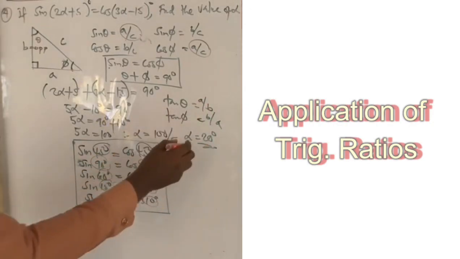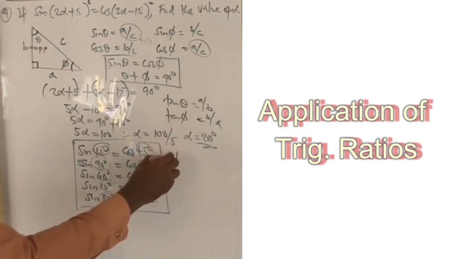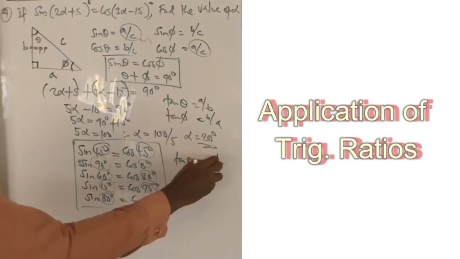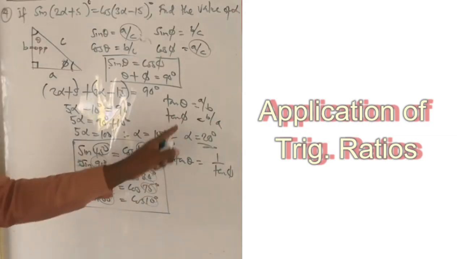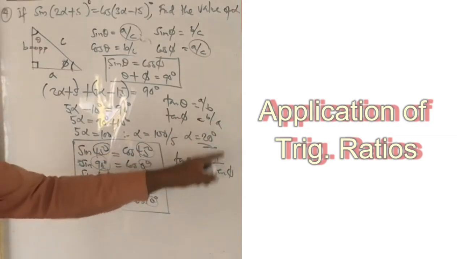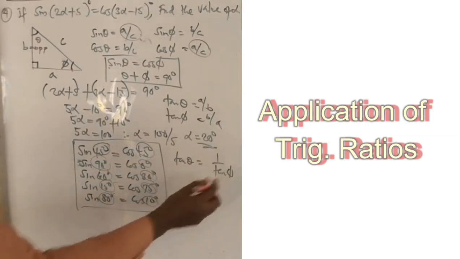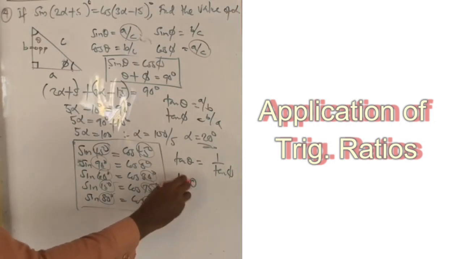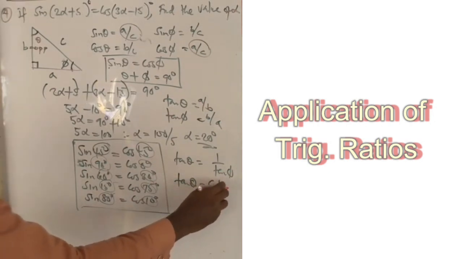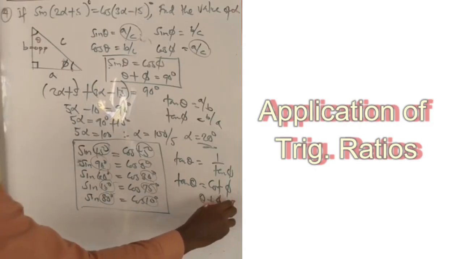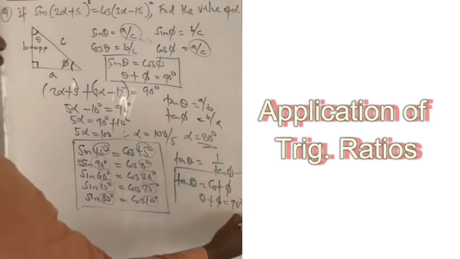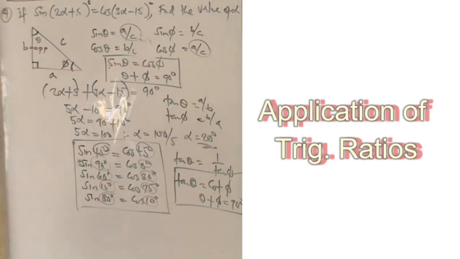So I can say from here, tan theta equals to 1 over tan phi. Yes. But if I do 1 over tan phi here, it will be A over B. And what was 1 over tan? Cot. So it means tan theta equals to what? Cot phi, if theta and phi are complementary. So tan goes with cot. Sine goes with what? Cos.